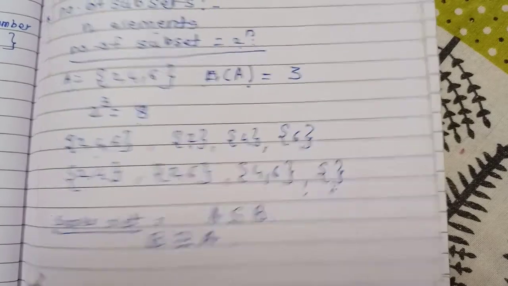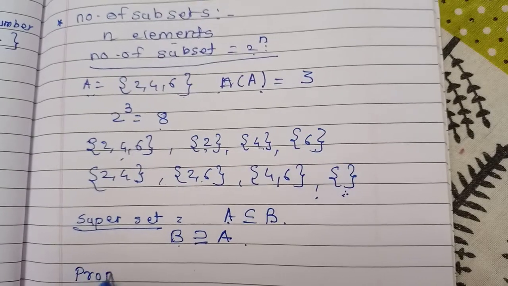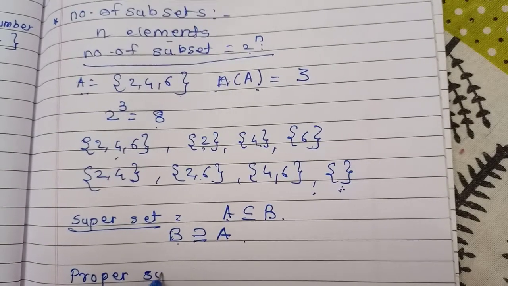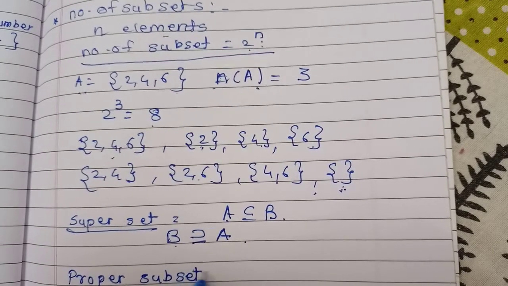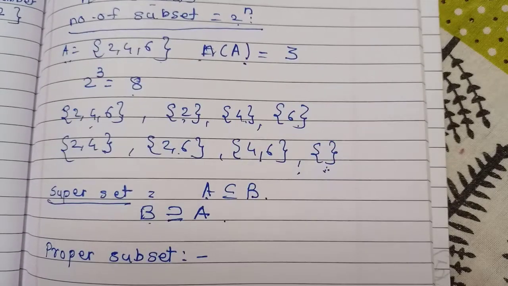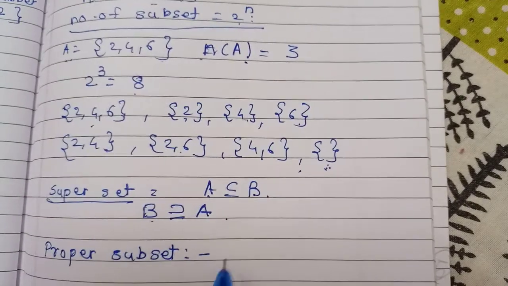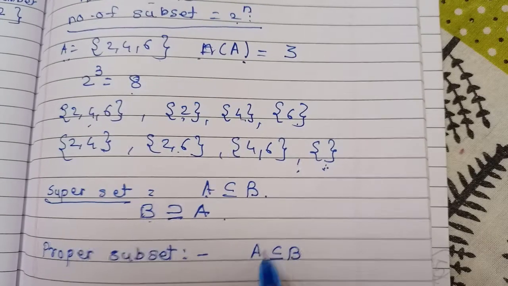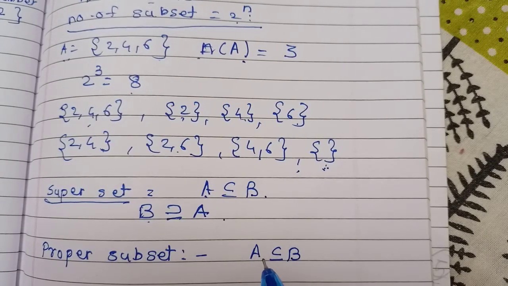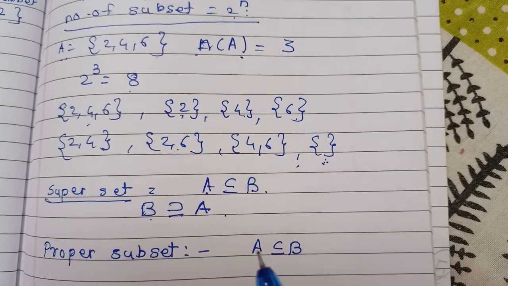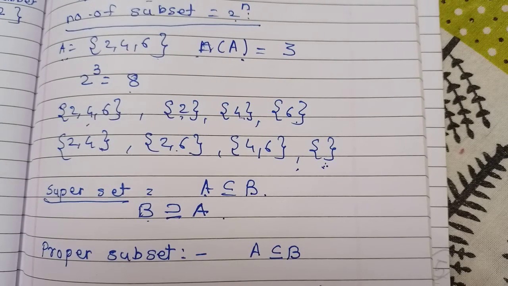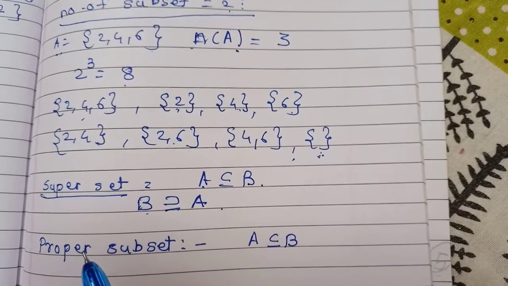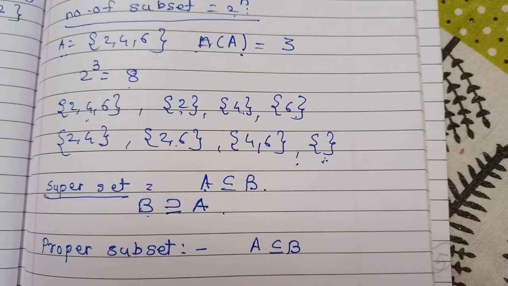Then, a proper subset. When A is a subset of B, we can say A is a proper subset of B if there is at least one element which belongs to B but does not belong to A. I will repeat again.